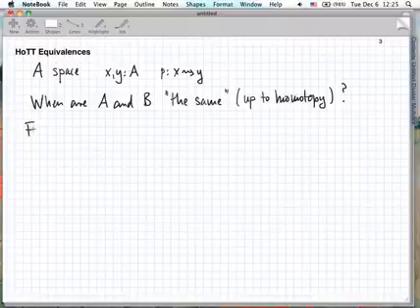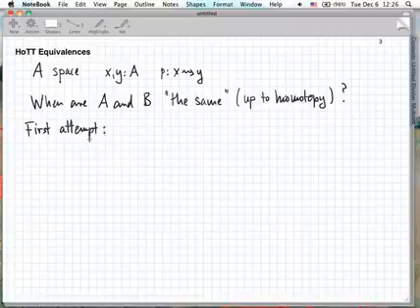The first attempt would be to say, well, in homotopy type theory, everything is up to homotopy anyway. You don't really have a way of saying the two points are equal. The best you can say is that they're connected by a path.